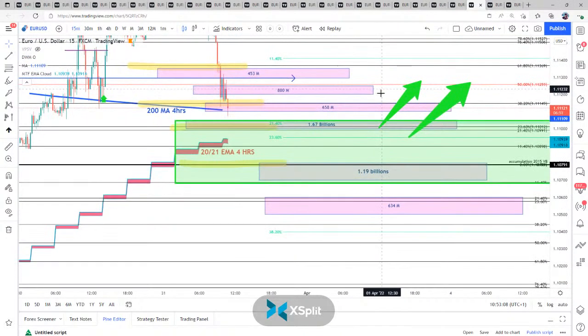What I say too is that one of those two here inside this green rectangle will probably be the end today, this one or that one. I think if we touch that one, we should go for that. And we have time because for now, as you see, it's only 10 to 10 GMT.